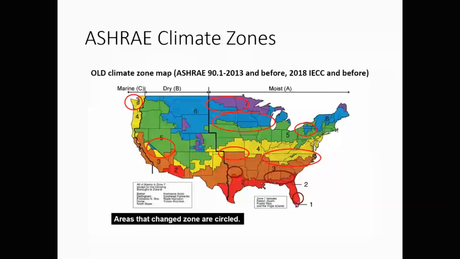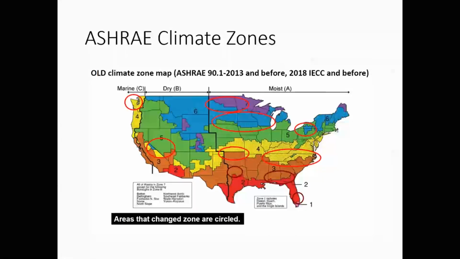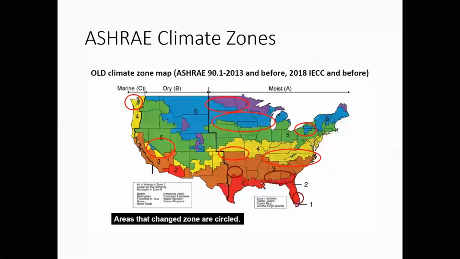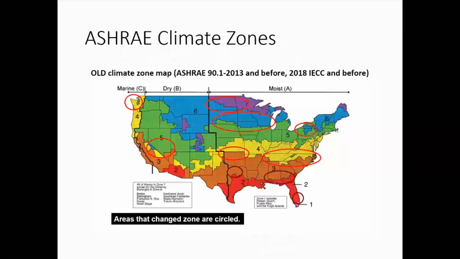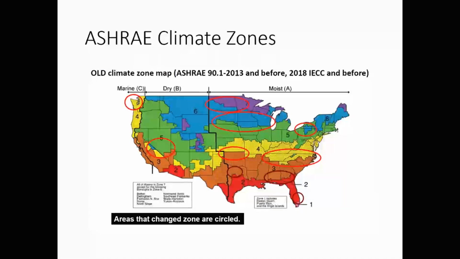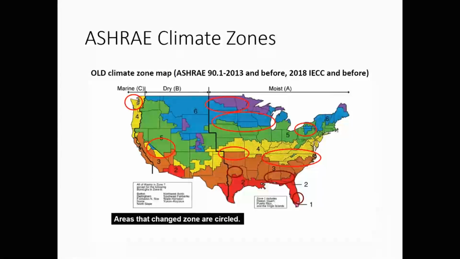So as the climate changes, we need to update our climate zone map. The most recent update was in 2016. This stuff here is pulled from the National Fenestration Ratings Council slideshow, so thanks to them for this. This indicates where ASHRAE has made changes based on current climate data versus the original climate data that was used when this map was made.